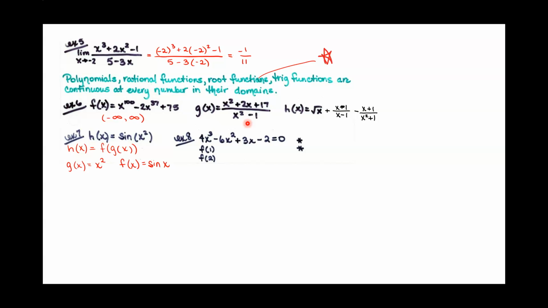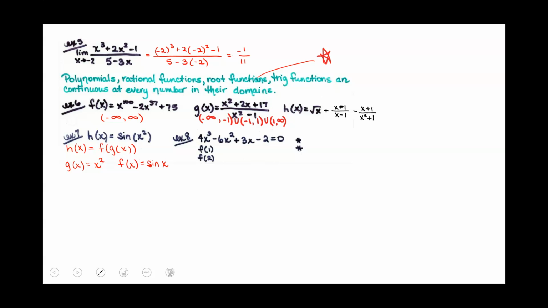So it's going to be continuous everywhere except for +1 and -1. So we could say all real numbers except for 1 and -1. If we had to give interval notation for that, it's going to be -infinity to -1. And then we're going to have to pick up and jump over that problem at -1 and go to +1, and then pick up and jump over that problem at +1 and go to infinity.